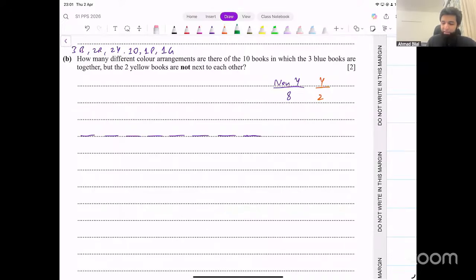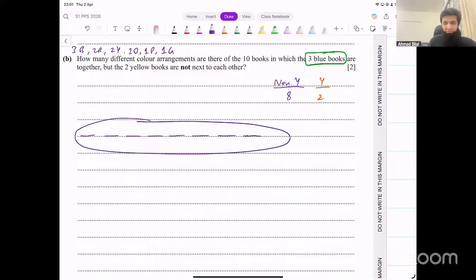But then they're saying the 3 blue books need to be together. So out of these 8 books that we've got, 3 need to be together. So what we do is we merge 3 dashes.